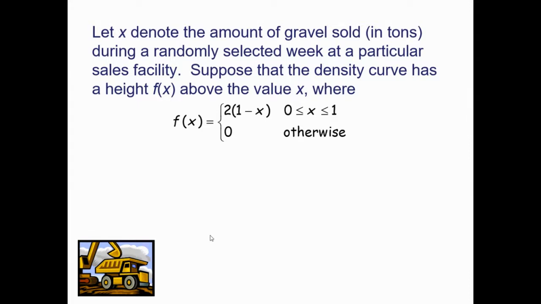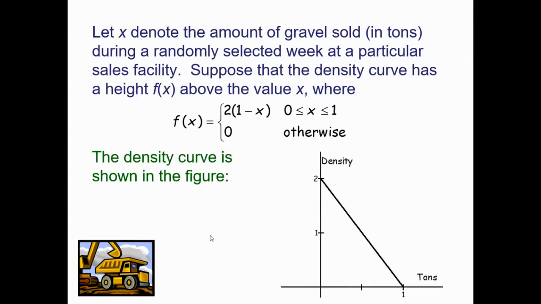If we're not between 0 and 1, it's 0. So that means our density curve looks like that. Essentially, it's just a line. Any place else, it would be 0.